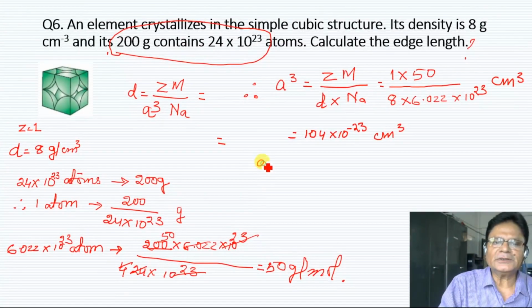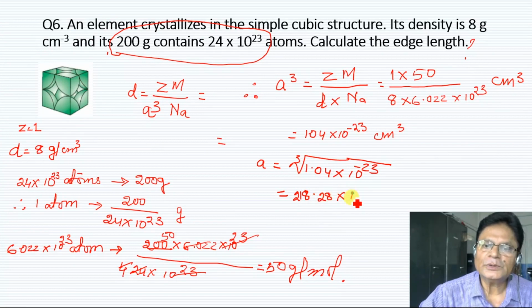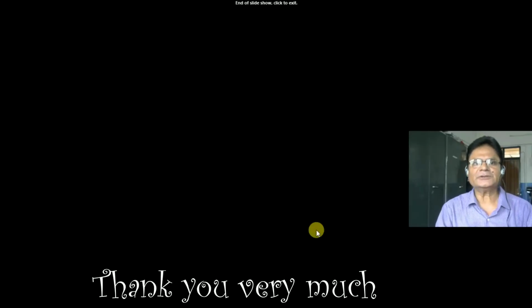Therefore a is equal to cube root of 1.04 into 10 to the power minus 23, which is 218.28 into 10 to the power of minus 10 centimeter, equal to 218.28 picometer.